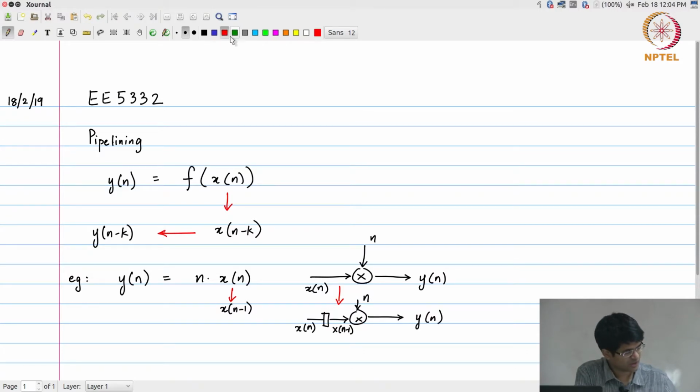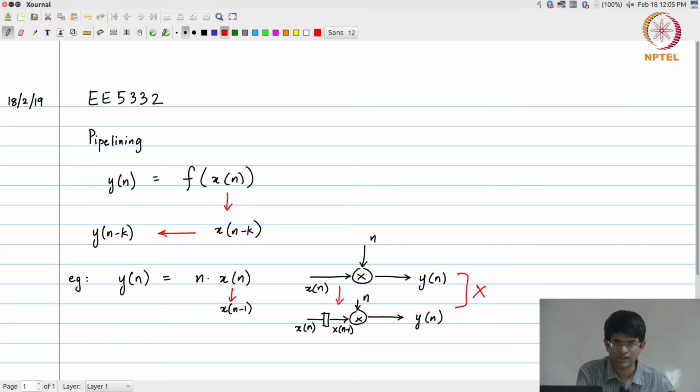These two are clearly not the same, and this is an example of a case where pipelining is not possible.